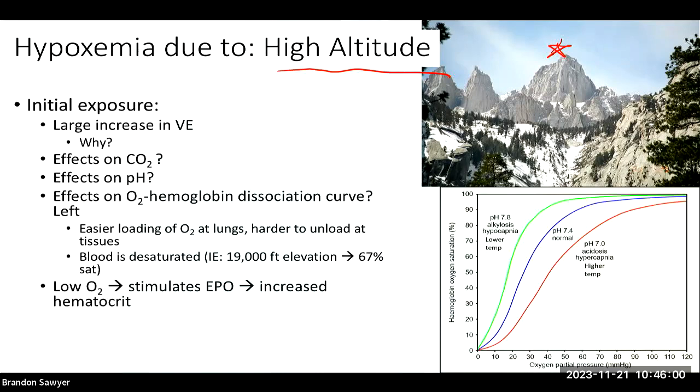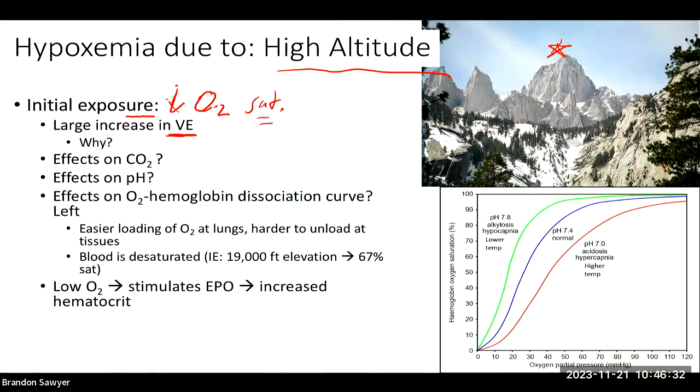Okay, so let's walk through what happens when you go to a high altitude like that. The big problem is a decrease in O2 saturation. A decrease in oxygen saturation happens immediately because the partial pressure of oxygen around your red blood cells decreases.